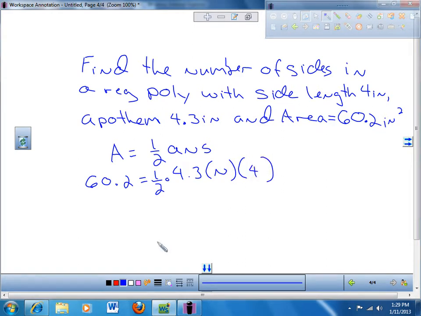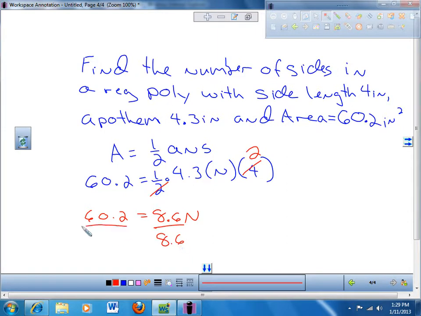And then you can cancel a 2 with a 4 and turn that into a 2. So now I have 60.2 equals 2 times 4.3, which is 8.6 N, and then I divide both sides by 8.6.